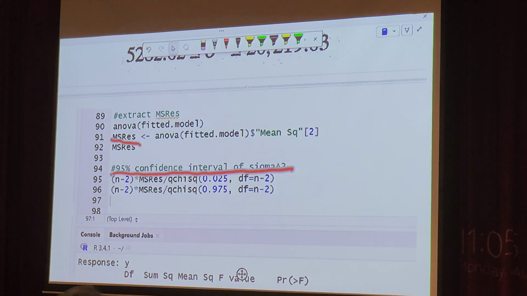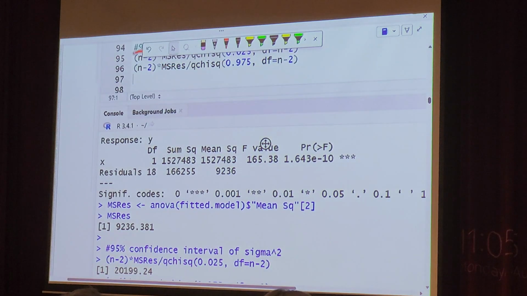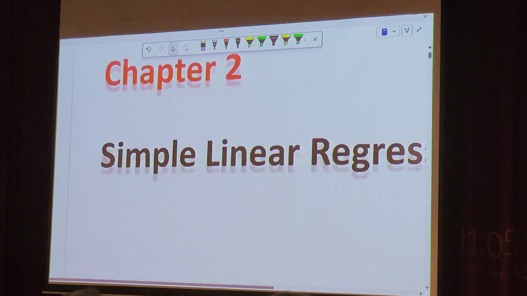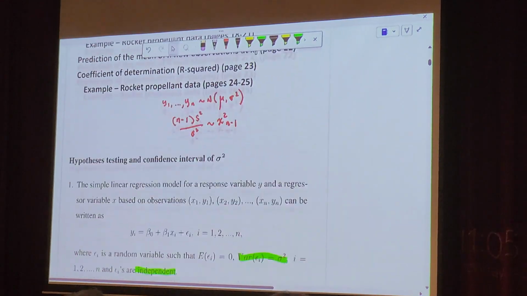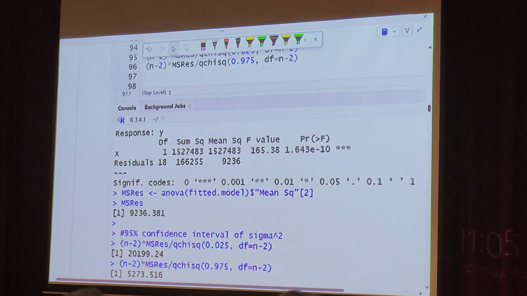Now let me show you where the mean square residual is. This part here is the mean square residual.